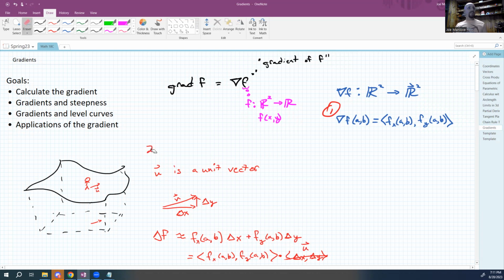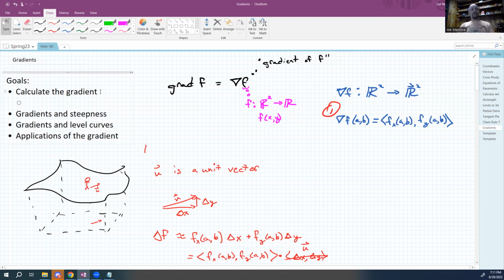I'm going to call this one... actually, screw it. I'm going to go like this. I'm going to say we inadvertently just discovered directional derivatives. And really, this is going to be me saying, all right, du of f.